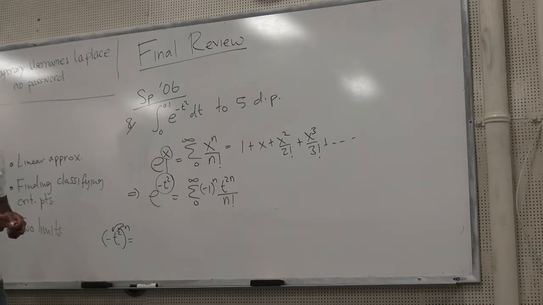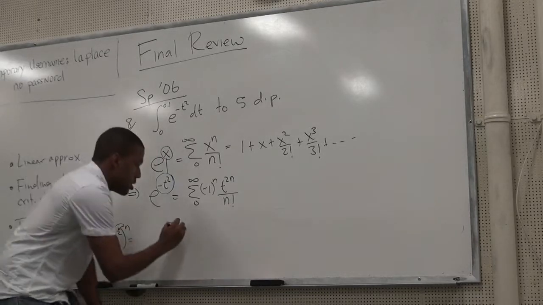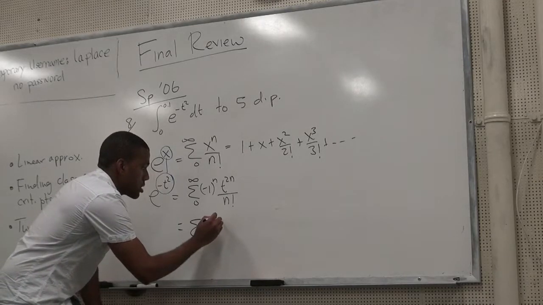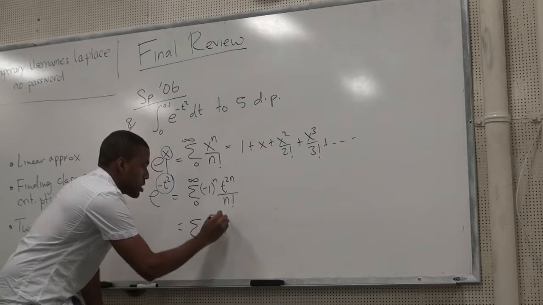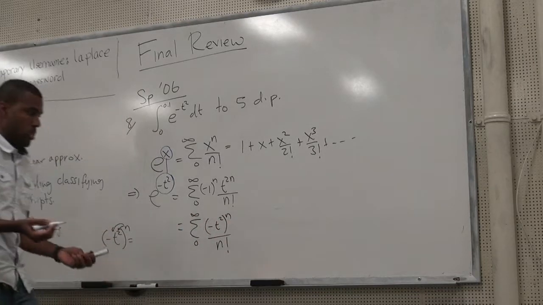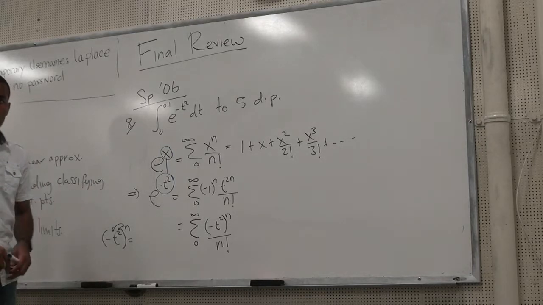Could I write it as minus t squared to the n over n factorial? Yeah, that would also be valid. If you wrote that, I wouldn't mark it wrong.